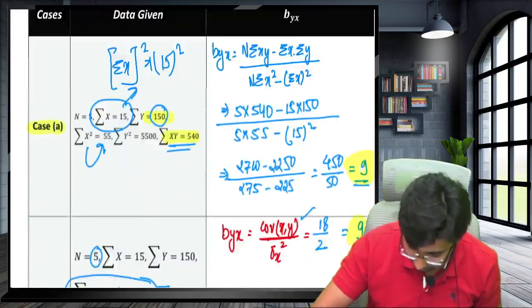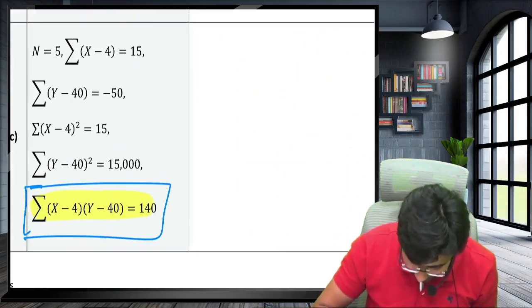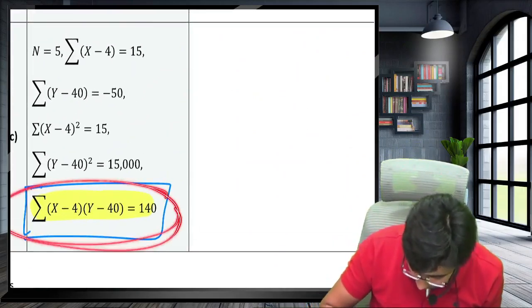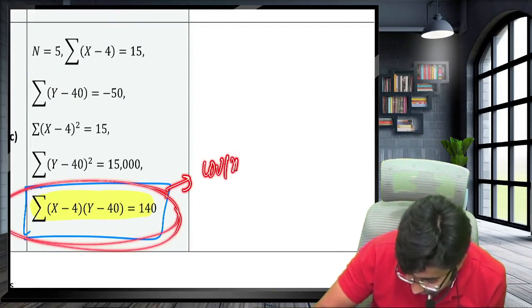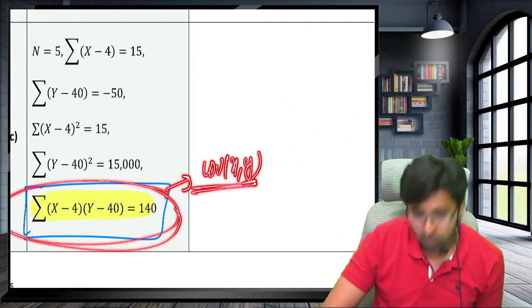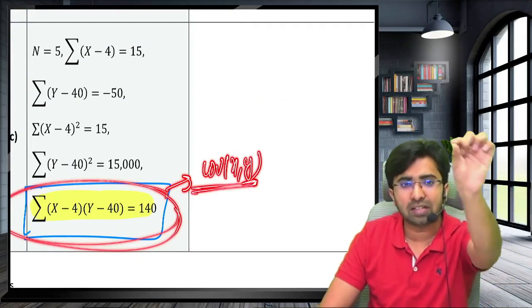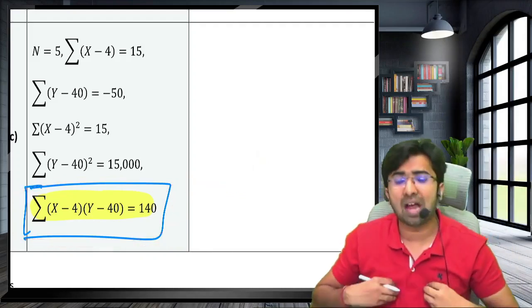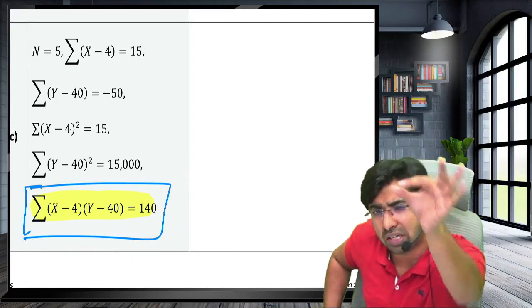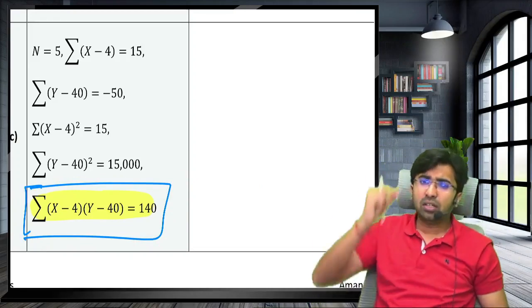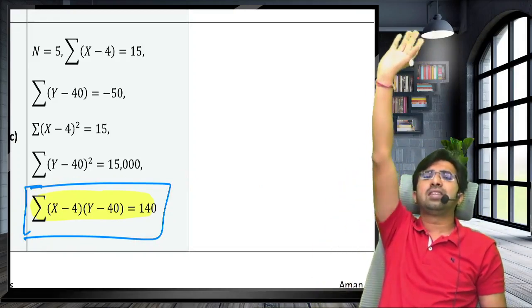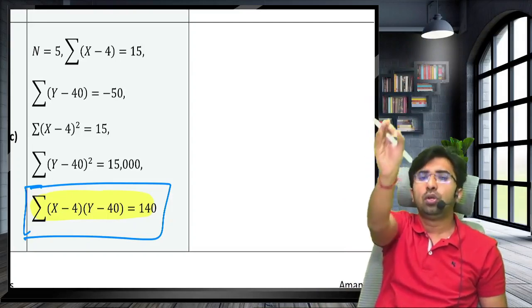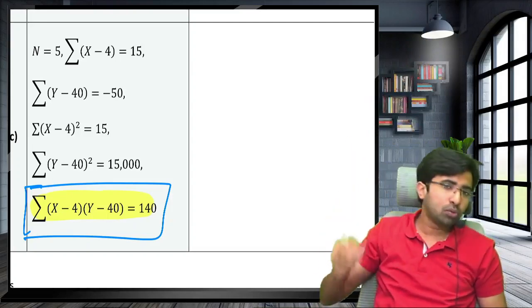So guys, now let's again see this. Can you calculate the covariance with the help of this? Pooja, just tell me yes or no. Yes sir, it is summation of x minus x bar into y minus y bar divided by n. Whenever the question gives you data in such a way that you can calculate the covariance, I will always suggest you think about the third formula to compute b.